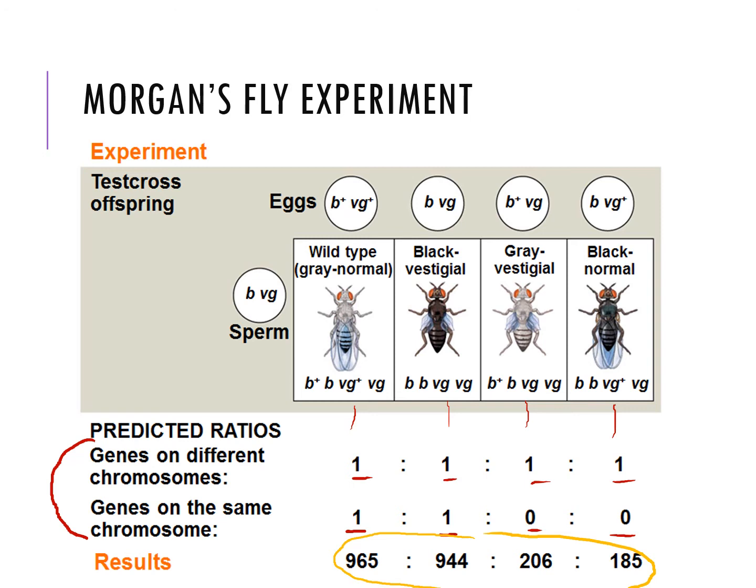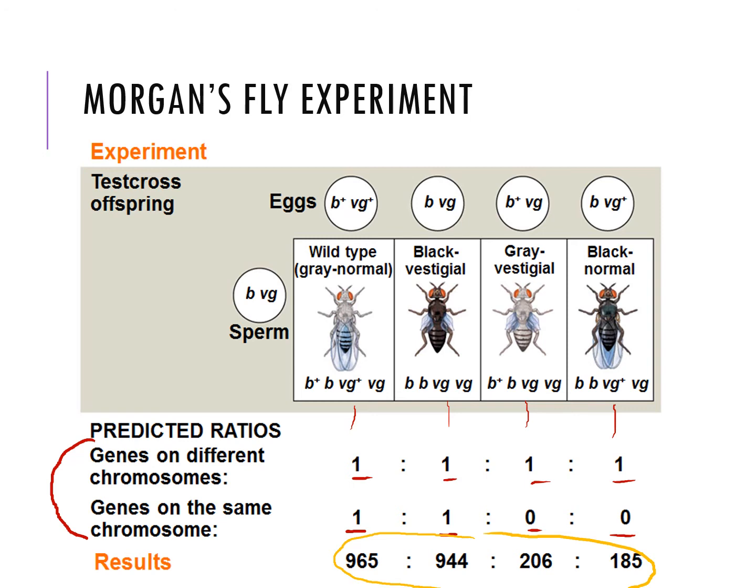So it doesn't really fall into either of our hypotheses, right? But it has to be one or the other. You can't kind of be on the same chromosome and kind of not be on the same chromosome, right? Like you either are or you're not. So it has to meet one of these predicted ratios.